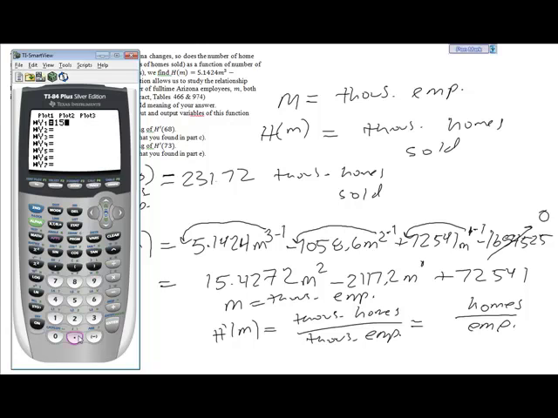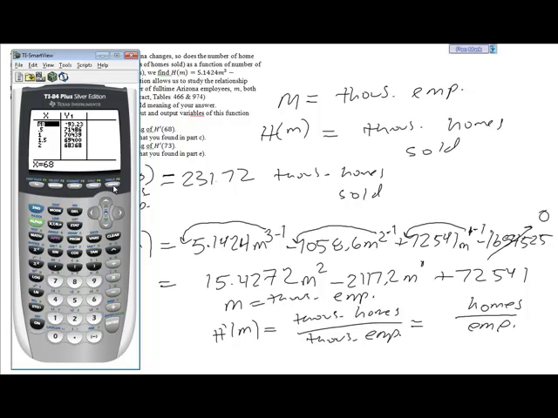So I'll do 15.4272 x squared minus 2117.2 x plus 72541. Now I'm going to go to my table. Just going to double check real quick. Everything looks to be entered okay.